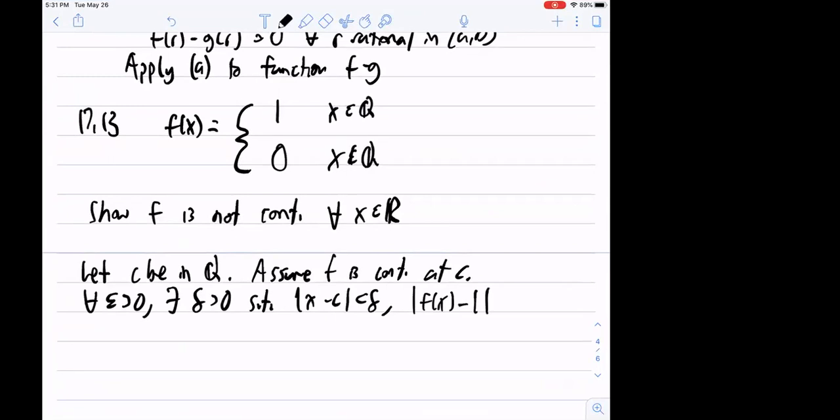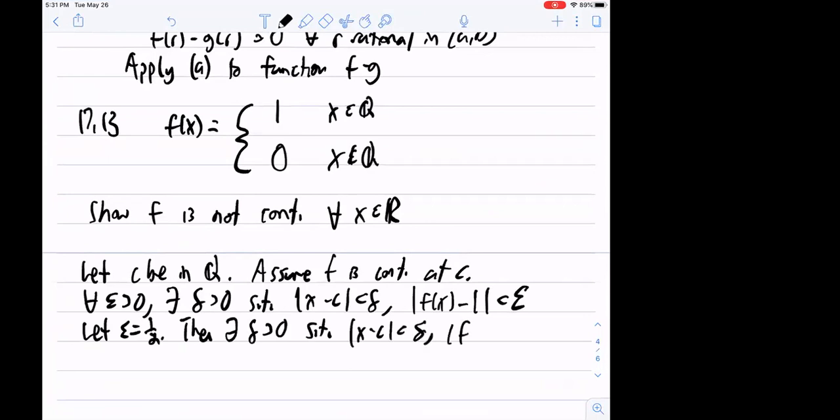Hopefully it's clear what we need. Let epsilon be equal to a half. Since we assume it's continuous, there exists delta bigger than 0 such that if |x minus c| is less than delta, |f of x minus 1| is less than a half.